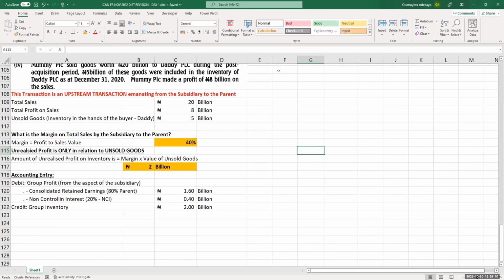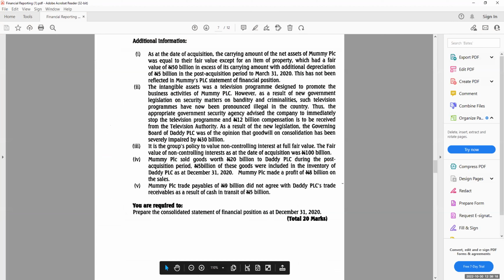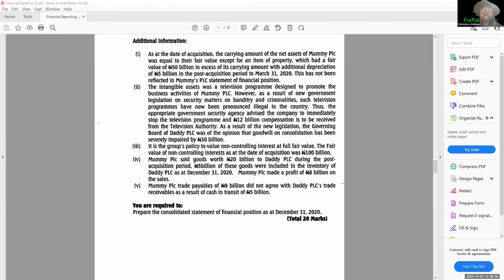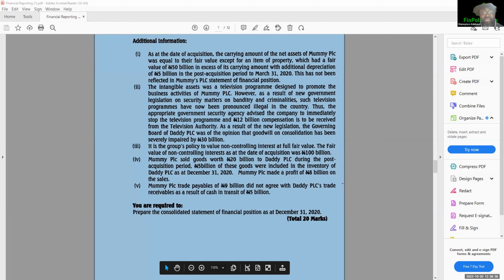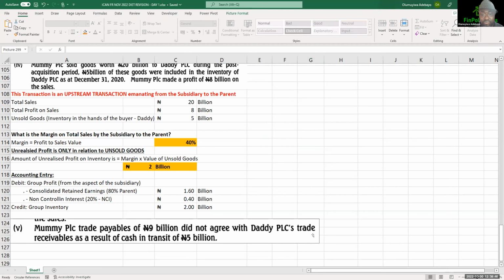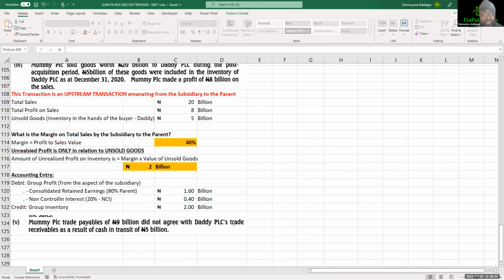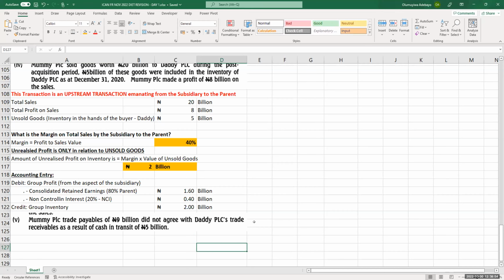Now, we can go back to the last information. And what's the last information? Mommy PLC has a trade receivable balance of 9 billion. And this trade receivable balance did not agree with that of trade payable by Daddy PLC. Okay, and this is as a result of cash in transit. Now let me show you what has happened. What has happened in this case is very simple.